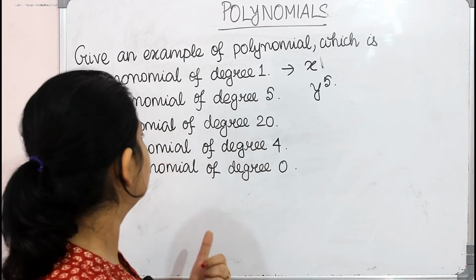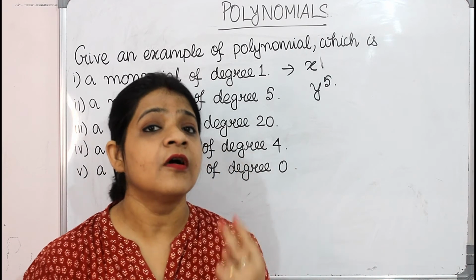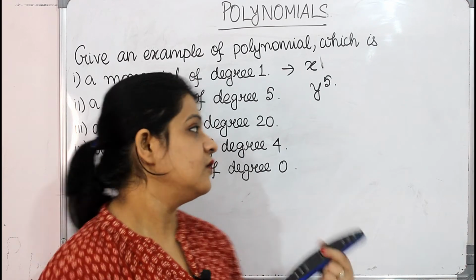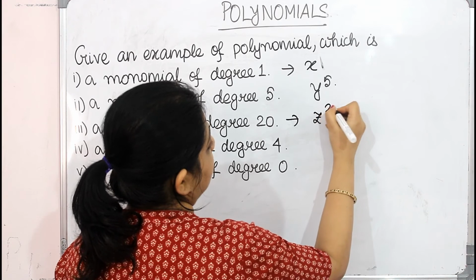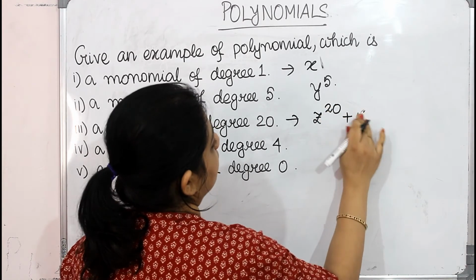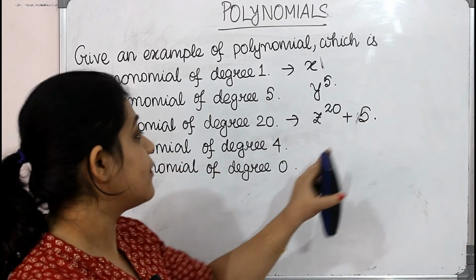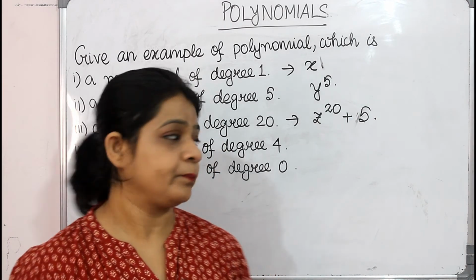Next is a binomial of degree 20. So binomial means it should consist of two terms and the highest power will be 20. So very simple. Let me write z to the power of 20 plus 5. So this is an example of a binomial of degree 20 since it consists of two terms.